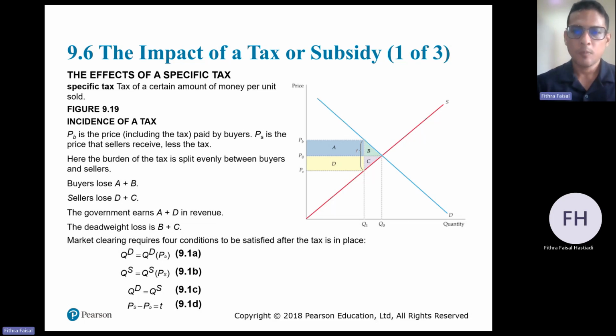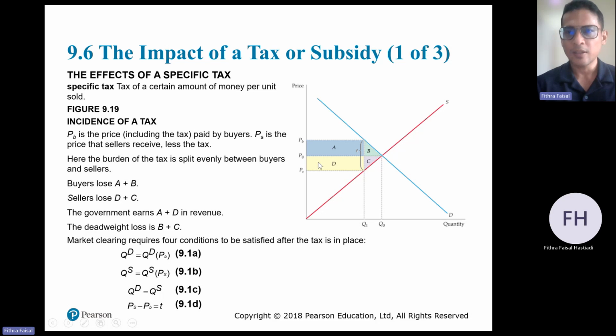What about another example of price-setting behavior? Now we have, for example, tax incidence. Instead of having a market price, the government is trying to impose a tax on the product. For example, PB is the price paid by the buyers, and PS is the price that the sellers receive, less the tax.